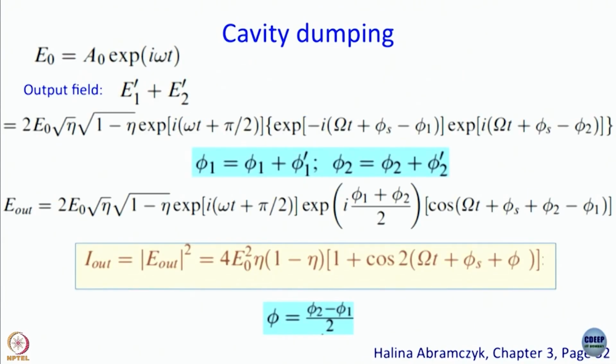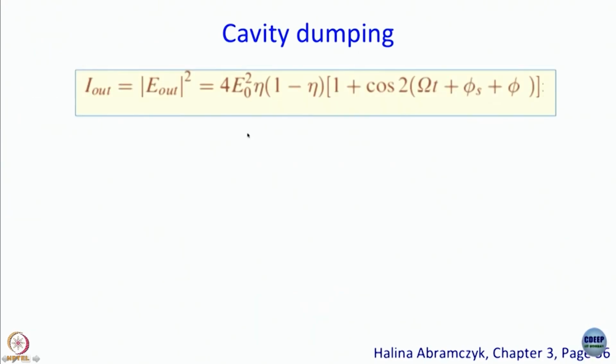We get an expression for E1 dash plus E2 dash, but finally what we care about is intensity, right. The mod square of that is going to be the intensity of the output beam, is that right? This is the expression we get for the intensity of the output beam. We stop here and we continue from here in the next module.